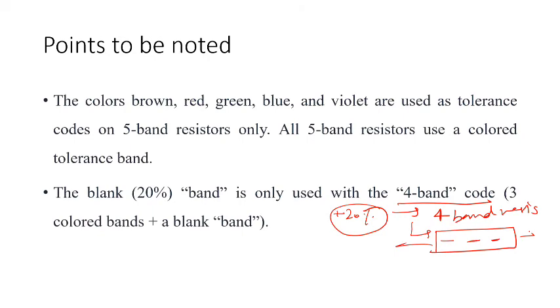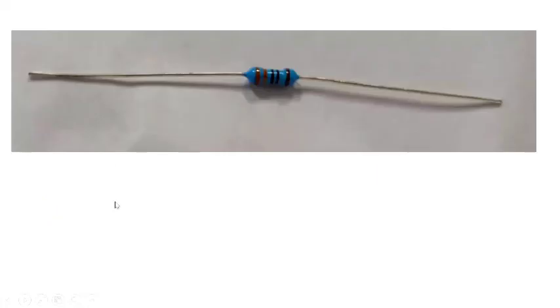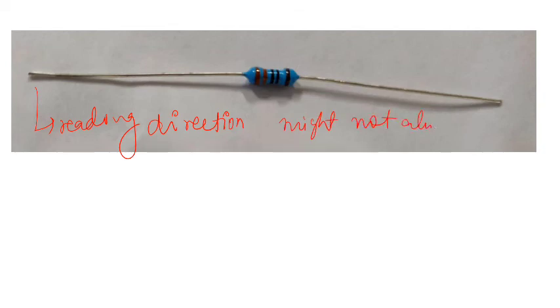Let me show you with the help of an example. This is what an actual 5-band resistor looks like. The confusion here would be that the reading direction might not always be clear.